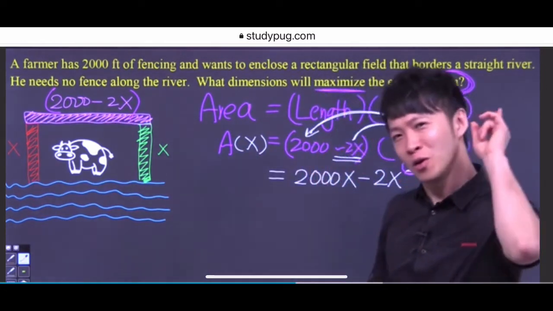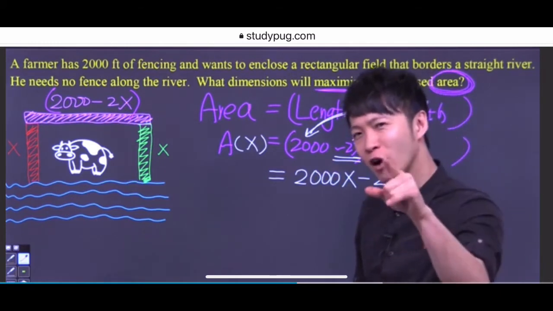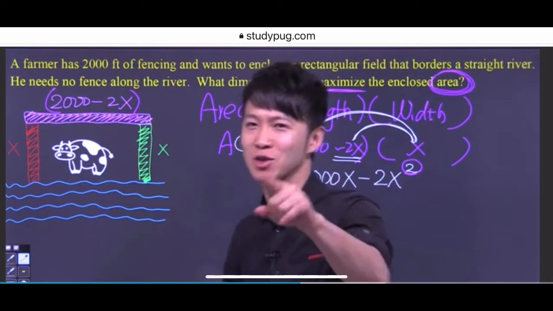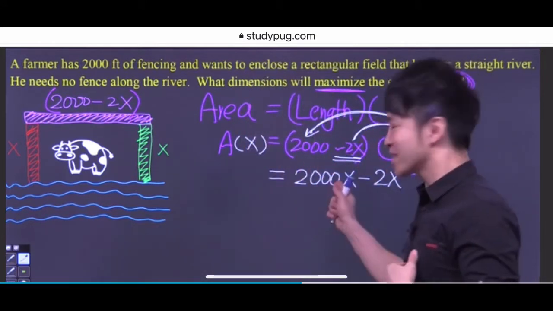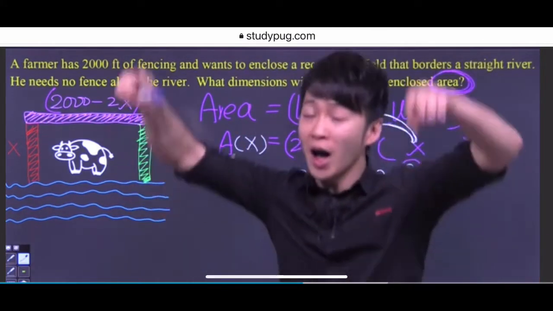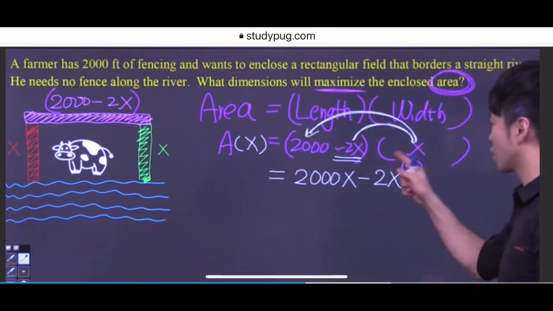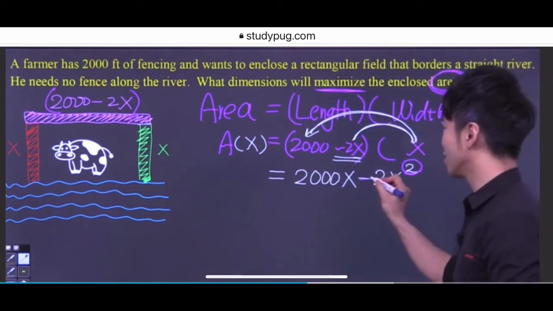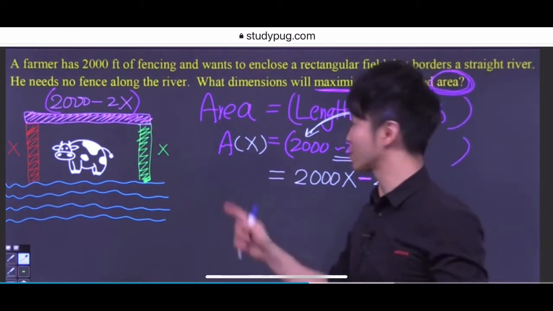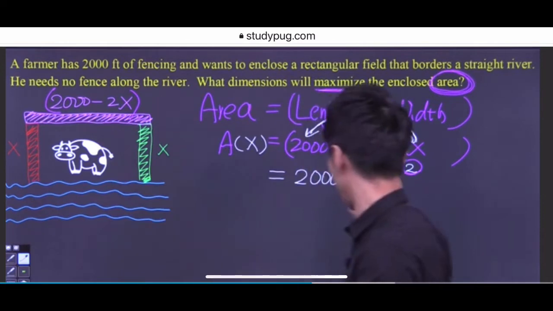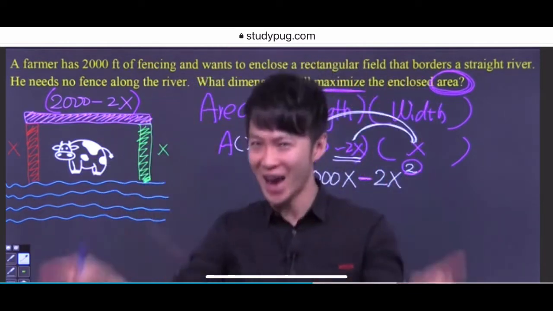Now, the graph of a quadratic function is a parabola. Let me ask you, in this case, do we have a parabola opening up or opening down? Look, in front of the x squared term, we have a negative. So we should expect the area function to be a parabola opening down, right?